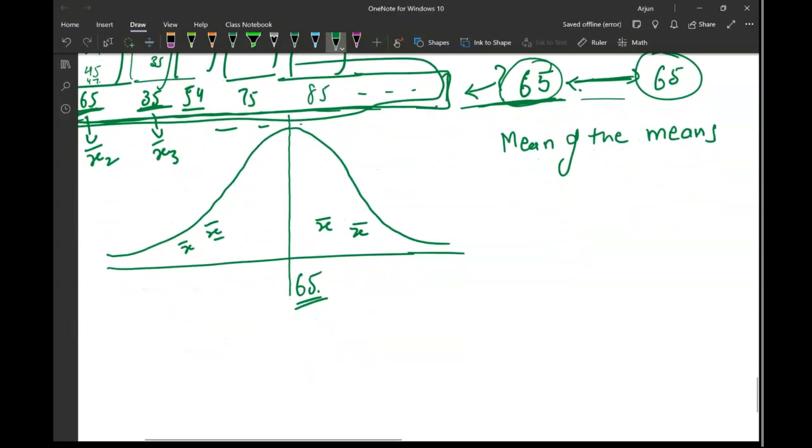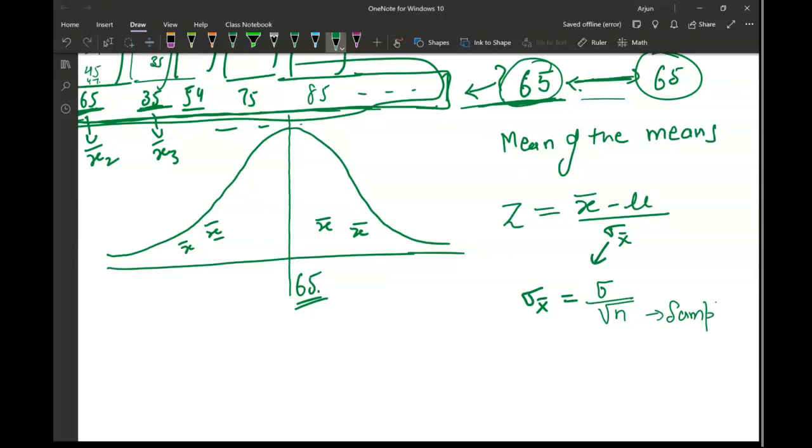Now the formula to calculate the values will be z equals x bar minus mean divided by standard error, sigma x bar. And standard error is equal to sigma upon square root of n, where n is the sample size.